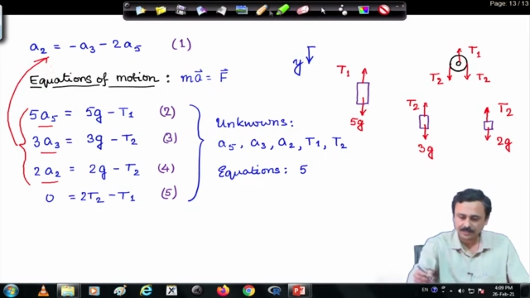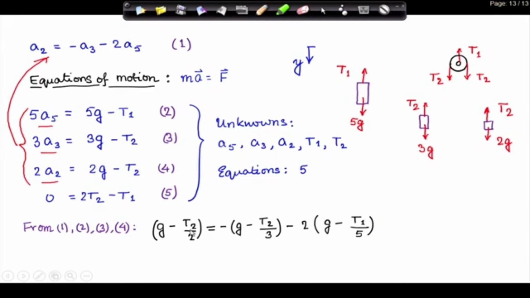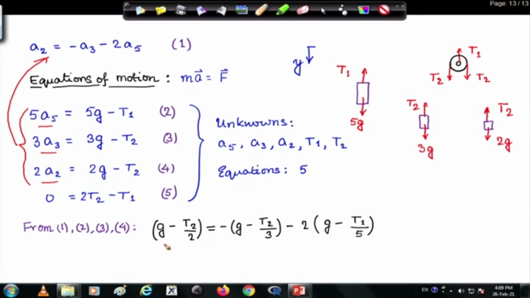Let us see what happens. a2 is (g minus T2) by 2, and minus a3, a3 is (g minus T2) by 3, minus 2 times a5, this is a5.